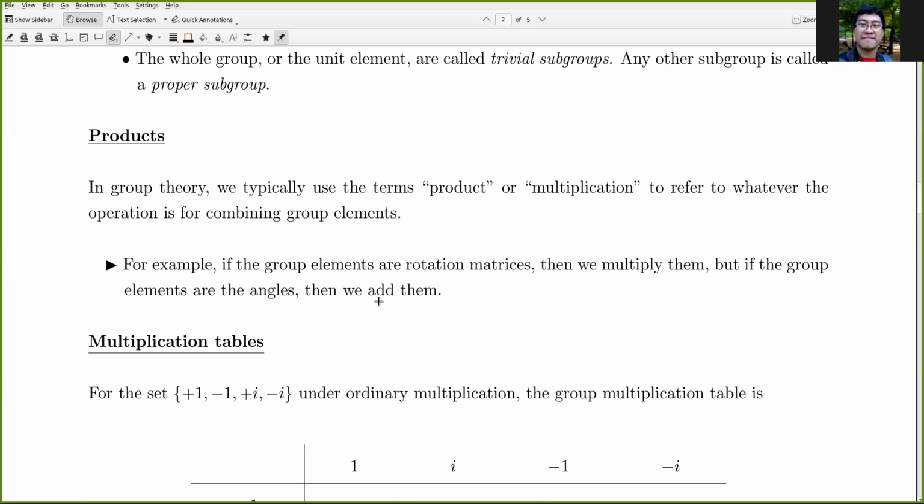We simply add the angles numerically, but in group theory, we still call that a product or a multiplication of two angles. So this product is written in quotes because it doesn't literally mean product, but a combination of group elements.